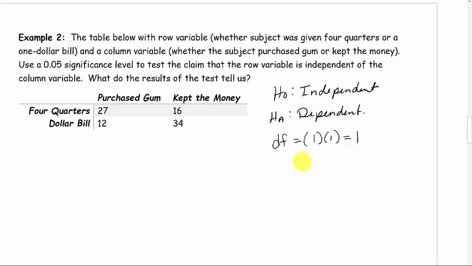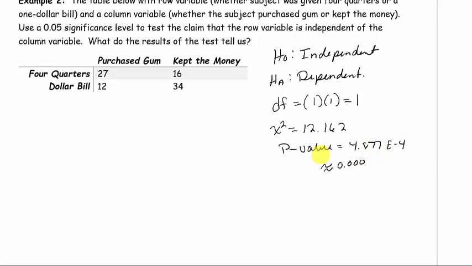When you enter this matrix into your calculator and perform the chi-squared test, you should get a chi-squared statistic of 12.162 and a p-value of 4.877 e negative 4. So that's approximately 0. With a p-value that small, we're going to reject the null hypothesis.